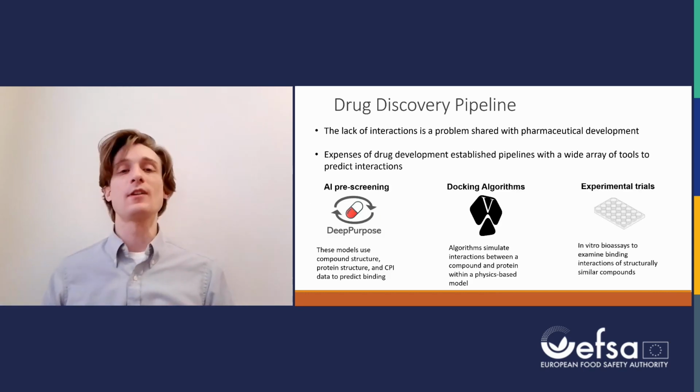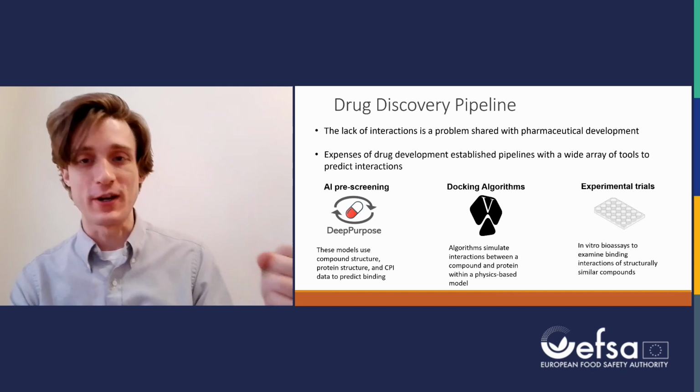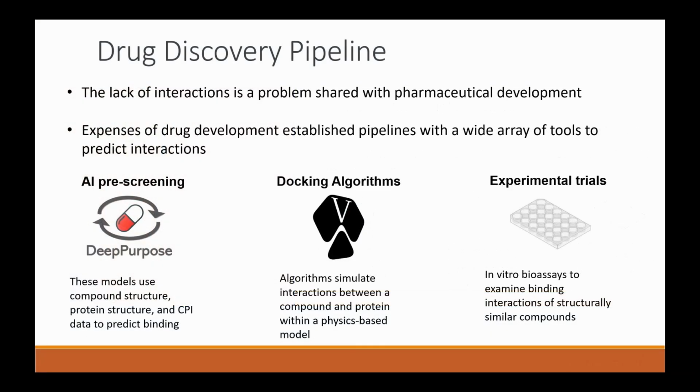Furthermore, drug discovery will try to predict compound protein interactions as well as a pre-screening, where it also is using the structure of the compound, the structure of the protein, and existing compound protein interaction data to predict a binding of a new drug. And then after they do a pre-screen with this AI pipeline, they end up going further into simulating the physical interaction between the protein and the compound within a docking algorithm.